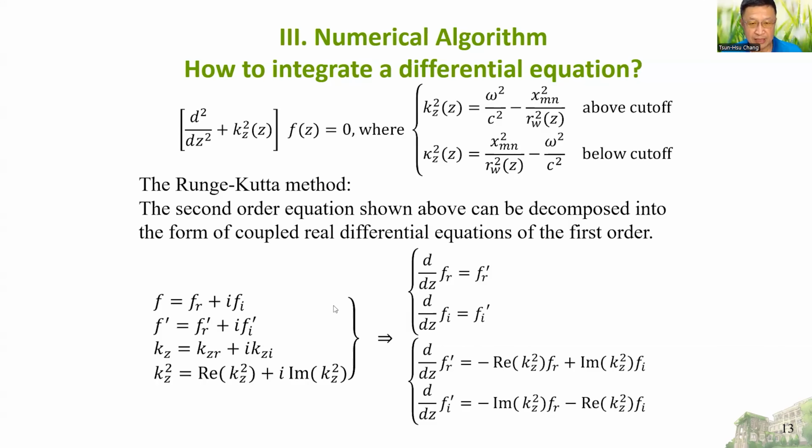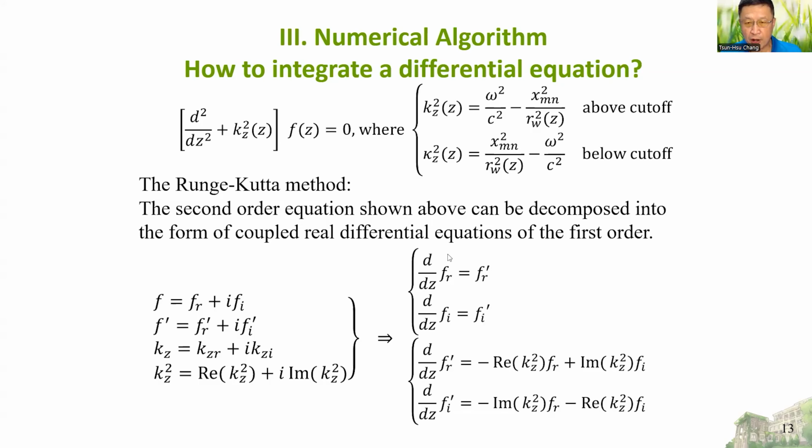And just write f consisting of a real part as well as an imaginary part. So f prime will have a real part as well as an imaginary part. Kz also has a real part and an imaginary part. Kz squared also has a real part and an imaginary part.